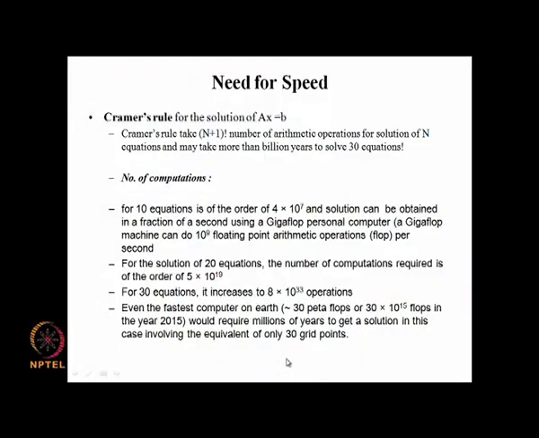Okay. So, that means that if you were to use Cramer's rule and you had 30 grid points, then it would take a large number of computational seconds in order to get a solution.